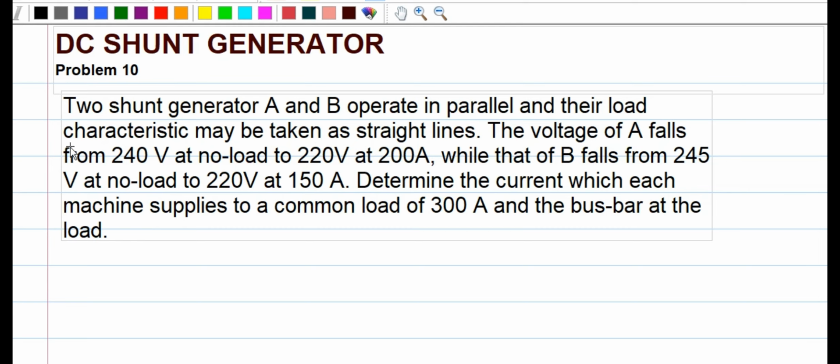The voltage of A falls from 240 volts at no load to 220 volts at 200 amperes, while that of B falls from 245 volts at no load to 220 volts at 150 amperes. Determine the current which each machine supplies to a common load of 300 amperes and the bus bar voltage at the load. First things first, we have to write the given.